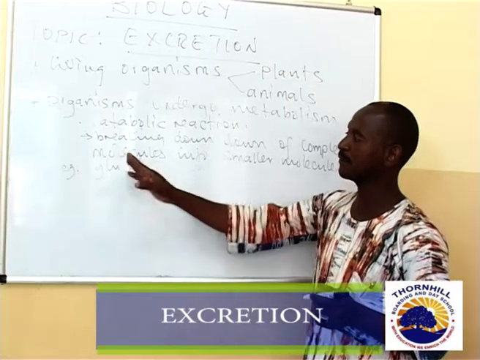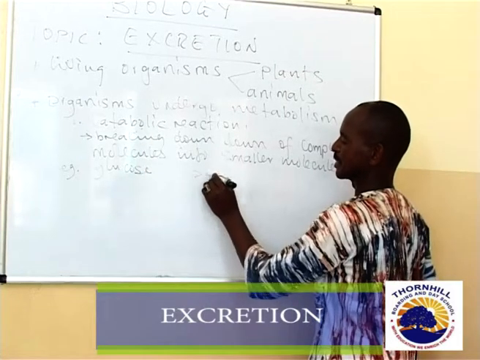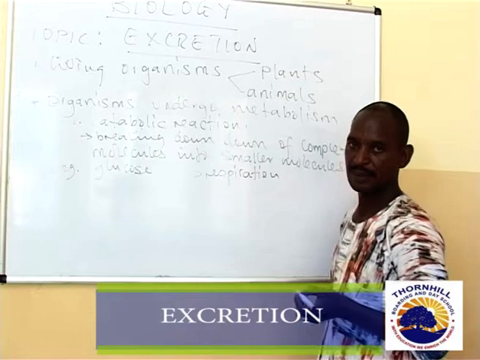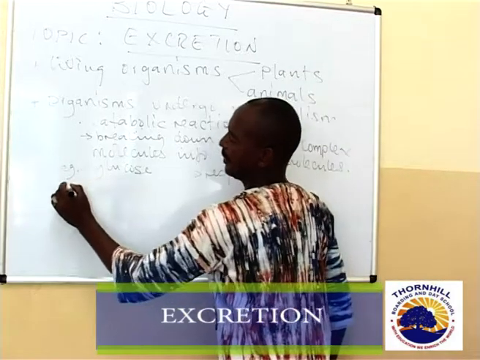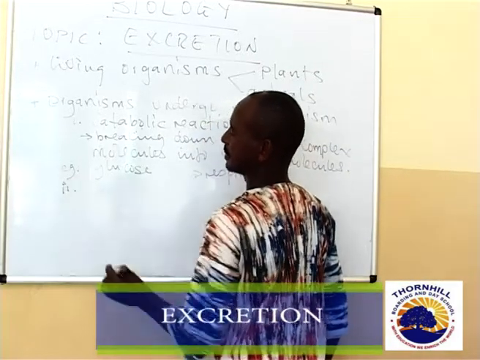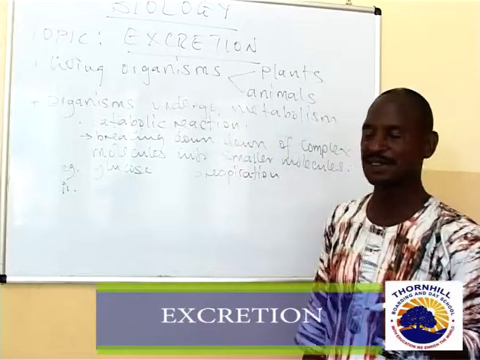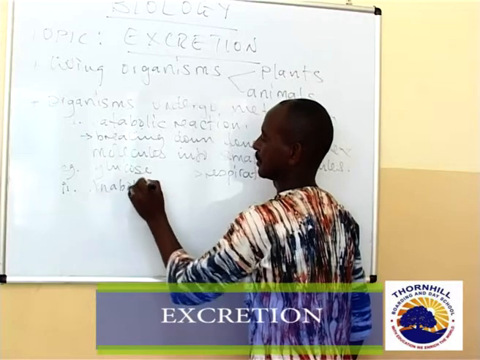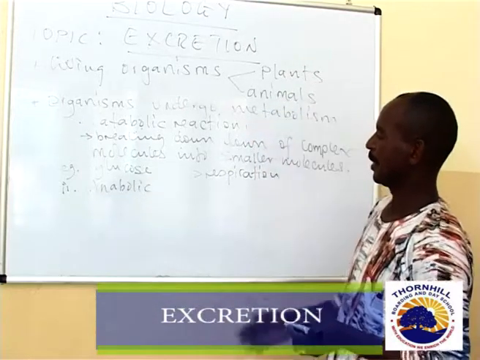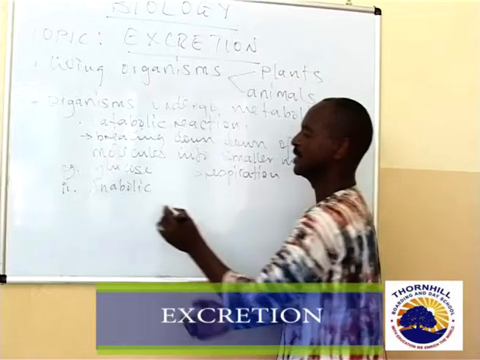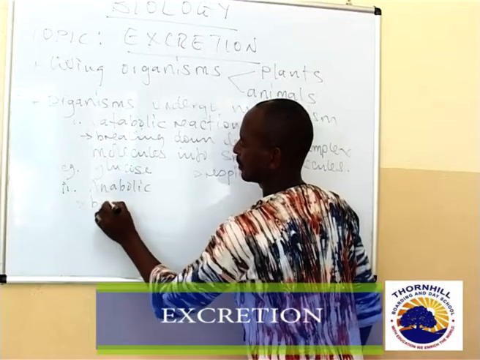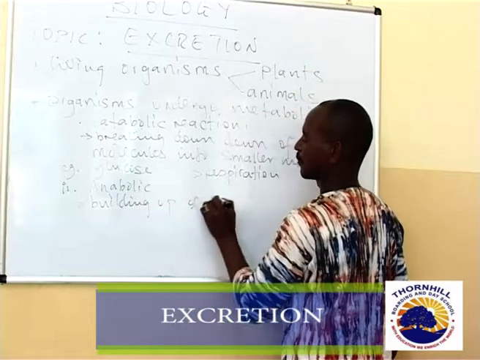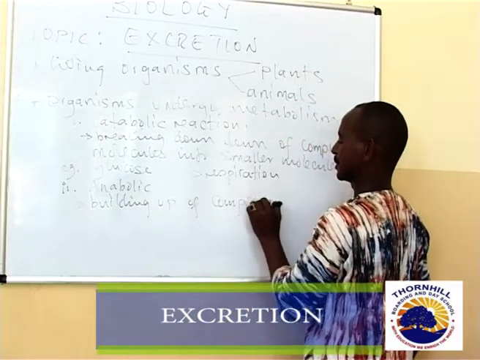That is an example of catabolism. The other type of metabolism is anabolism, which we call the anabolic reaction. Anabolic reactions involve the building up of complex substances.